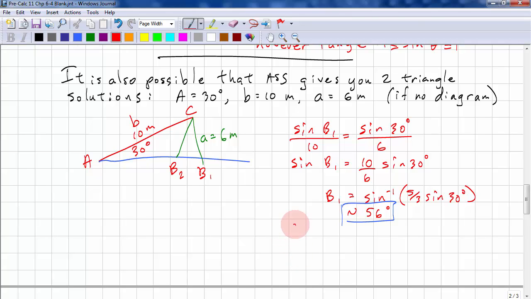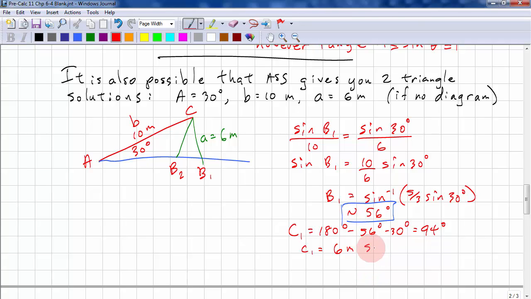So we can calculate C now, and we'll call this C1 equals 180 minus 56 minus 30, and that's 94 degrees. And we go ahead and use the sine law. Little c1 equals, and we'll use our 6 meters again.